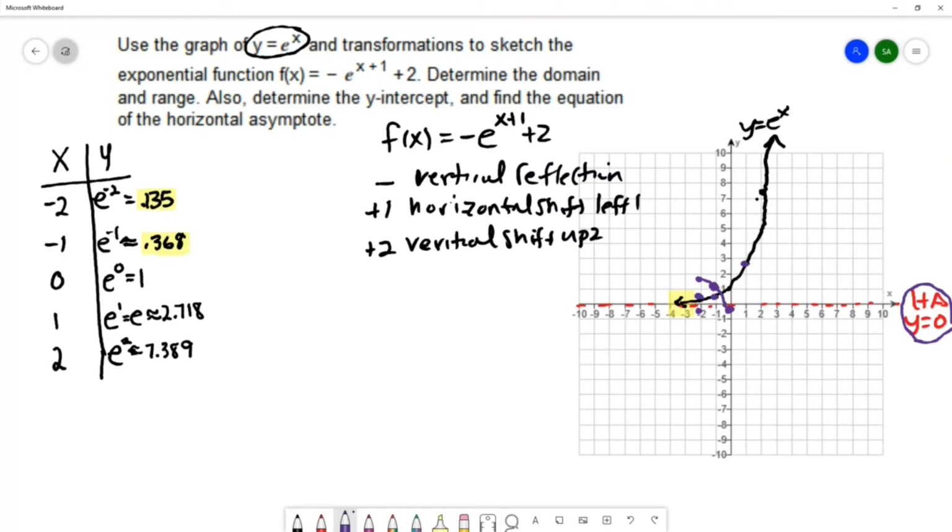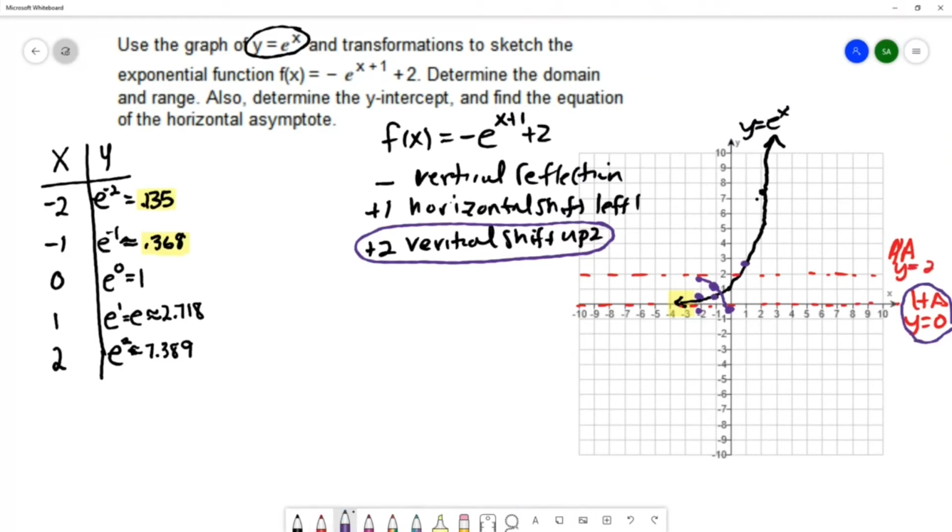The only one of these transformations that affects the horizontal asymptote is the vertical shift up 2. So the new horizontal asymptote will get shifted up 2 and will be the equation y equals 2.